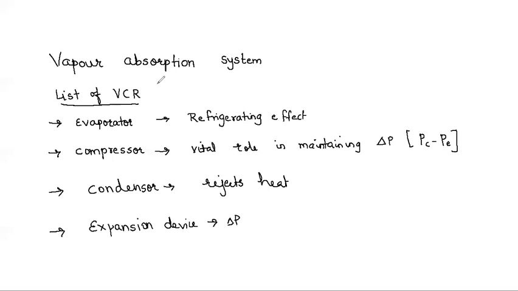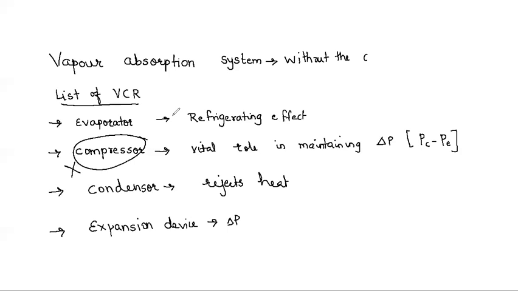In your vapor absorption system, the compressor isn't used. The distinguishing feature of the vapor absorption system is that it is a system without the compressor.